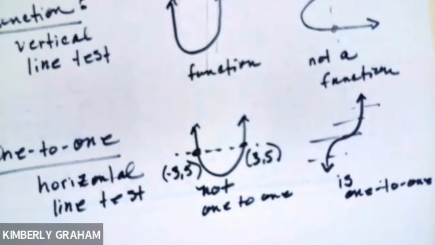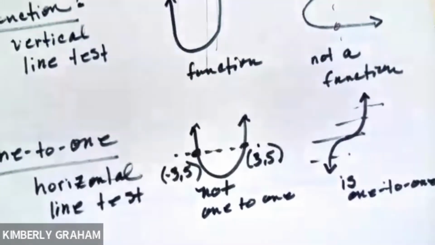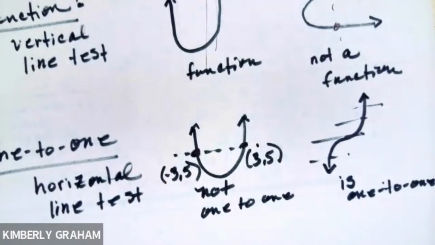If I put 5 as an input into a function, I cannot get out just one number. So I can't find an inverse. If I want to figure out what number maps to 5, I actually have two answers that would get me there. -3 would get me to 5 and +3 would get me to 5. So this is a function, but I can't go backwards and have that backwards part being a function.